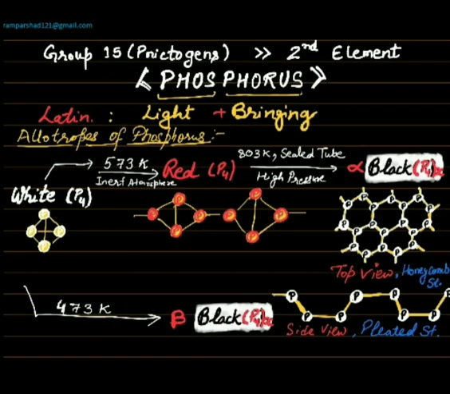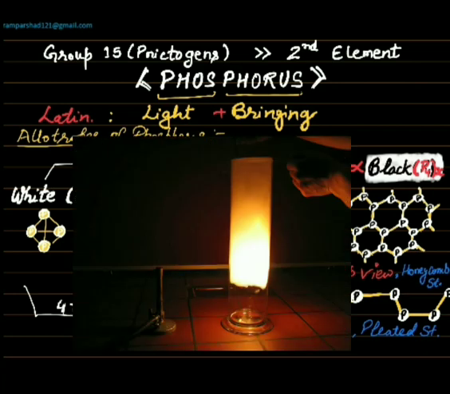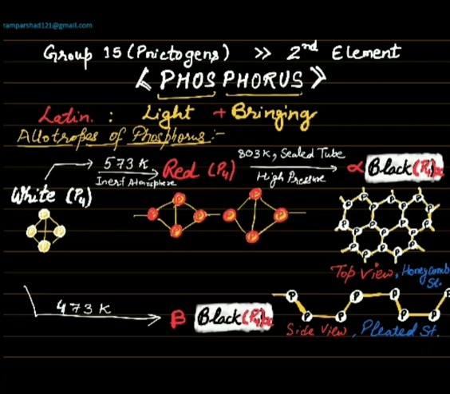When we look at the etymological meaning of the word phosphorus, in Greek the word phos means light and the word phoros means bringing. So phosphorus is a substance which brings light when exposed to the air. White phosphorus is the basic form of phosphorus, in which P4 molecules exist in the form of tetrahedral structures.